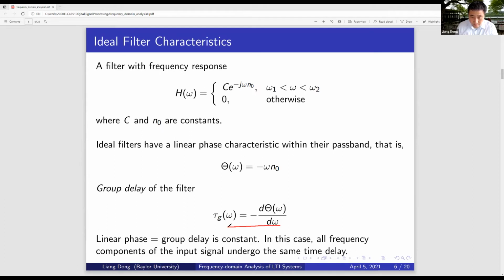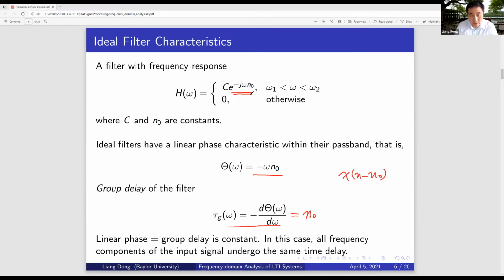So the group delay uses this formula. If you're working on the ideal signal, where the phase is negative omega n0, then this will give us n0. That's where it comes from. That's why the formula has a negative sign, because in the ideal case we have a negative sign in the phase. Why do we like the negative sign here? Because it gives us a delay of n minus n0.